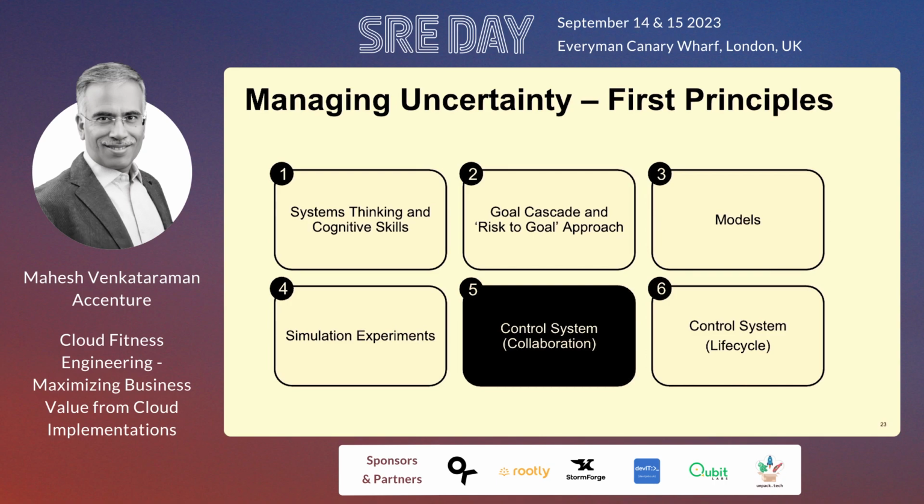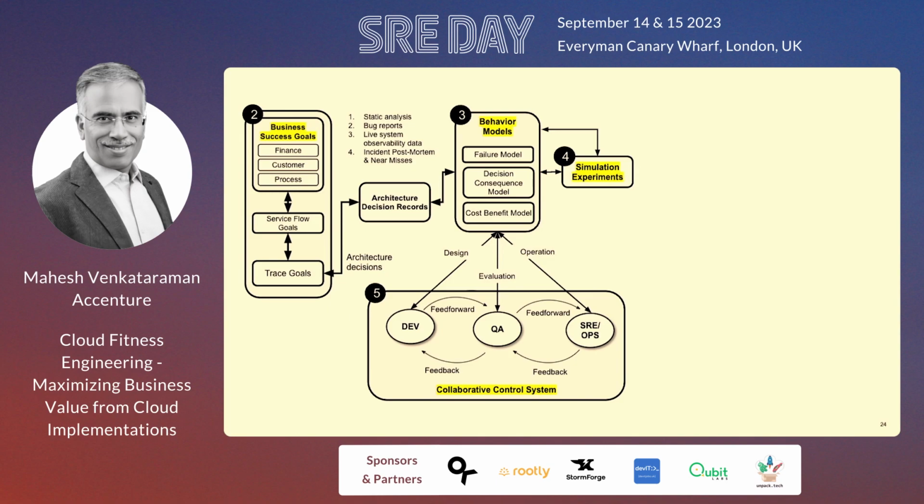Now, next is the control system, right? As we said, a control system is required to continuously feed forward and feed back, and then continuously fine tune in order to meet the business goals. Here, now we have a common model. Dev, QA, and SRE or ops have a common behavior model.